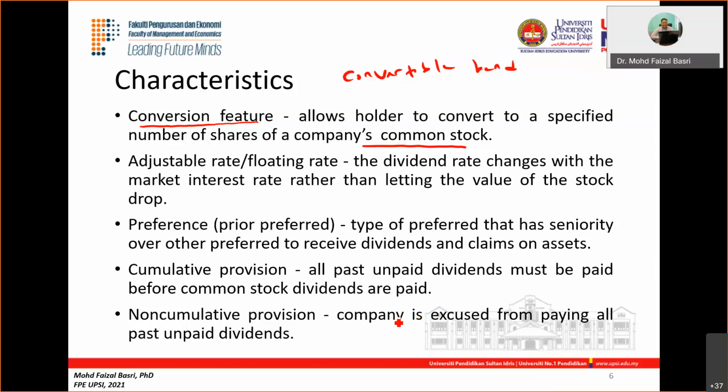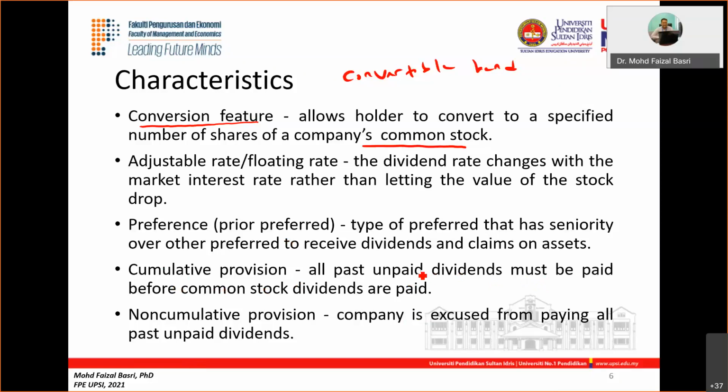This year, 2021, for example, the company performs better and has gained a substantial amount of profit, and they want to pay dividends this year. Last year they haven't paid the dividend. But this year, since they perform well, they want to pay dividends. So if it is a cumulative provision, any unpaid dividends must be paid.